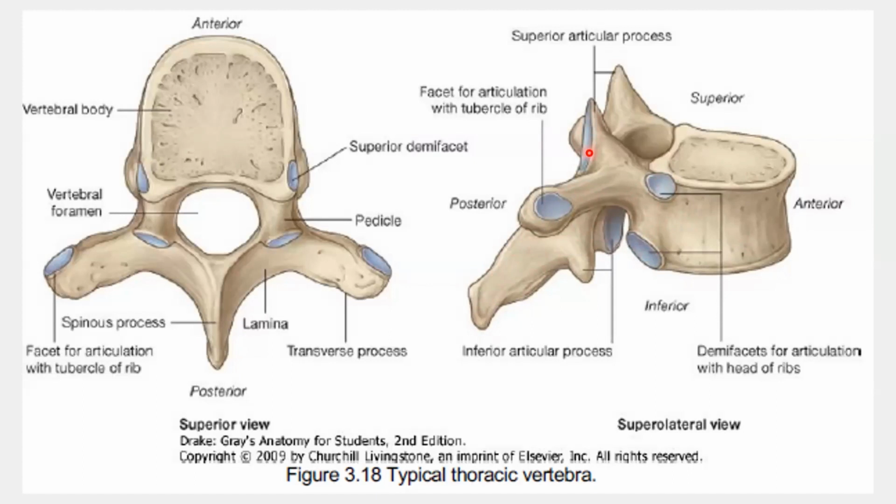It joins with the upper vertebra. This is the inferior articular process. So if you take the vertebra below this, the superior articular process of that vertebra joins with the inferior articular process of this vertebra.